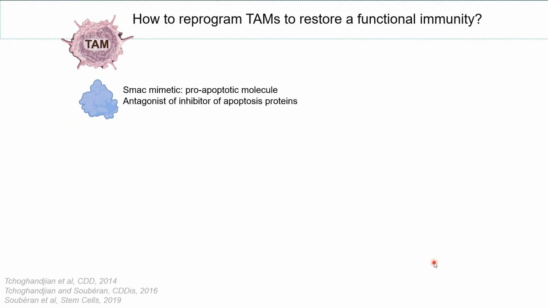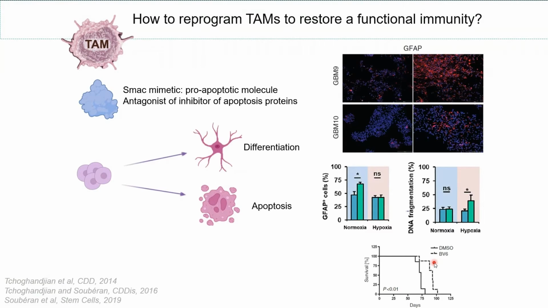And what we did in the past and what we showed is we used these molecules to better understand the IAPs in the tumoral cells. We treated the stem cells derived from the tumor, and we showed that upon this treatment, we can differentiate the cells into astrocyte-like cells, GFAP positive.